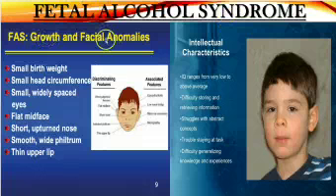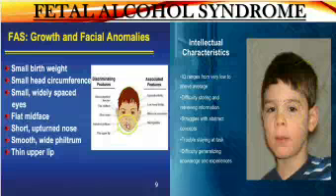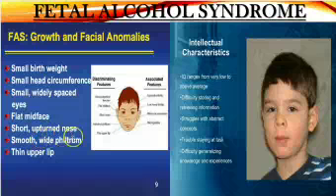There are different facial features that develop: small birth weight, small head circumference, as you can see in these diagrams, small widely spaced eyes, flat mid base of the nose, short upturned nose, smooth wide filtrum, and a thin upper lip. And there are some intellectual problems that occur in infants who are diagnosed as fetal alcohol syndrome babies.